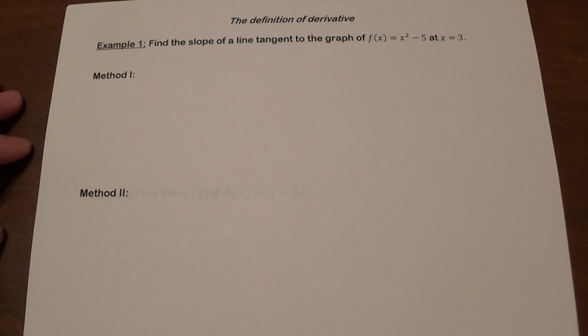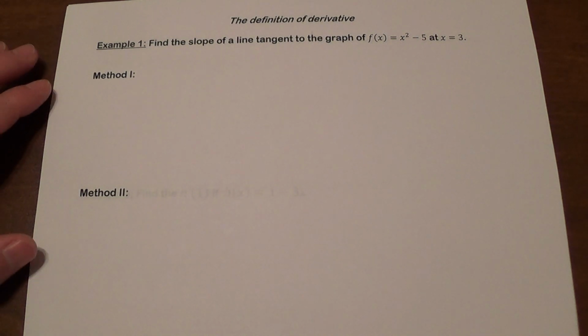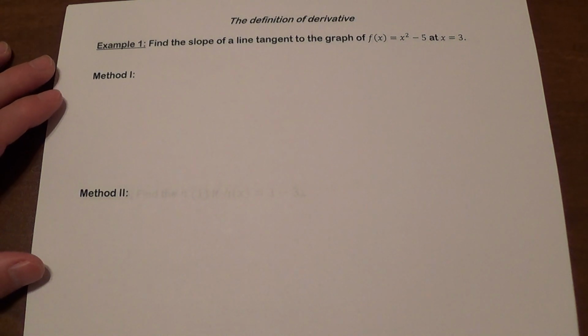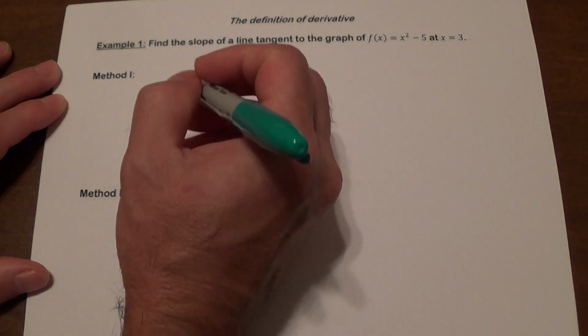We got f of x equals x squared minus 5, and we want to find the slope of the tangent line. The moment you see the words slope of the tangent line, you should immediately think the derivative. So we're going to find it using two different methods, using two formulas.